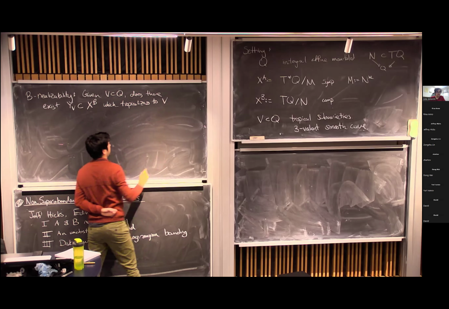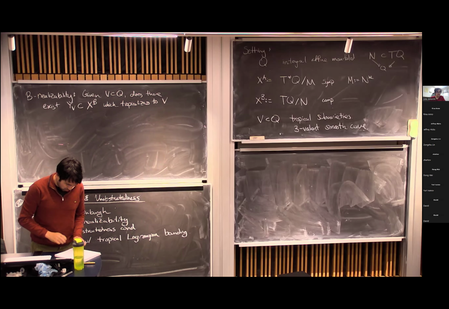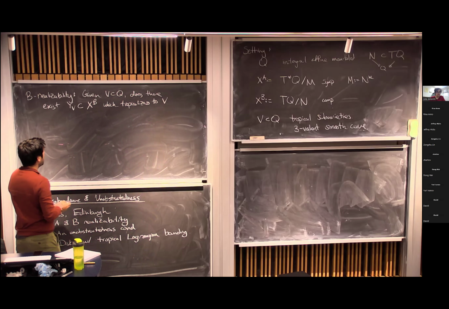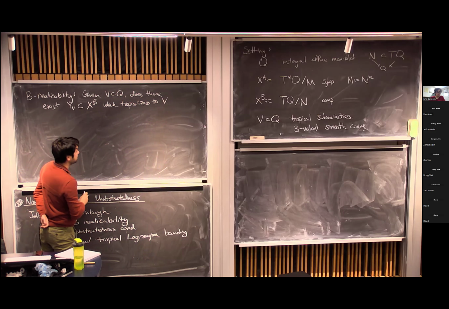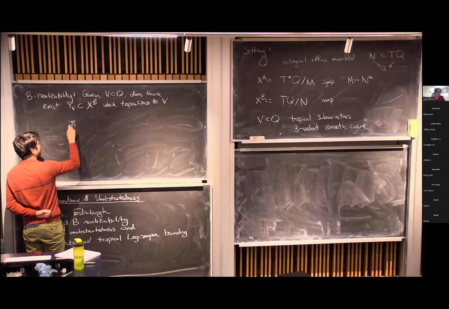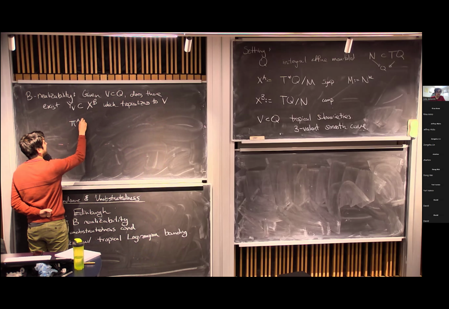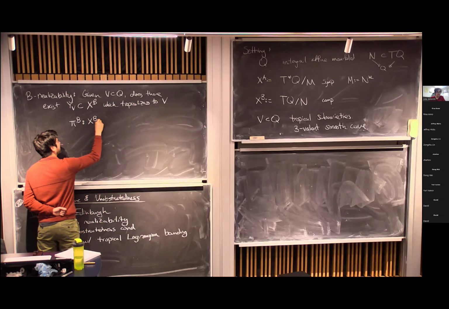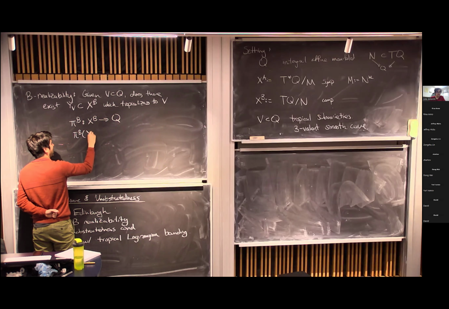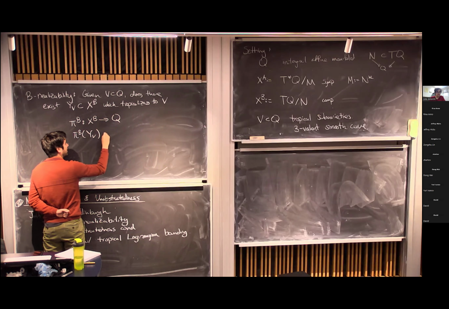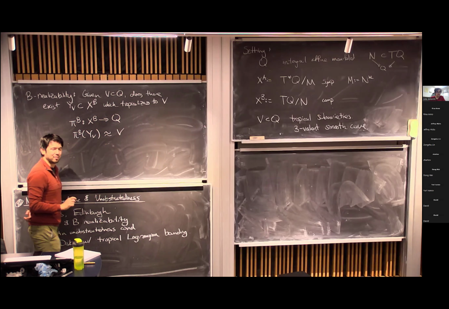And I'm going to be a little bit vague about what tropicalization means here, but maybe the intuition that you have is that if I take the projection from XB to Q, and I apply it to the set YV, that this is approximately V in some sense. So the image approximates V.